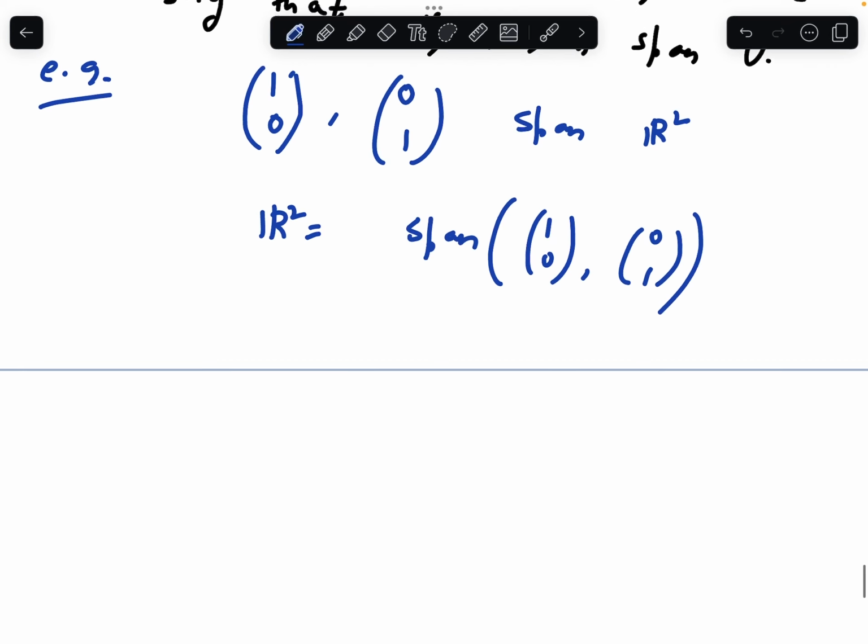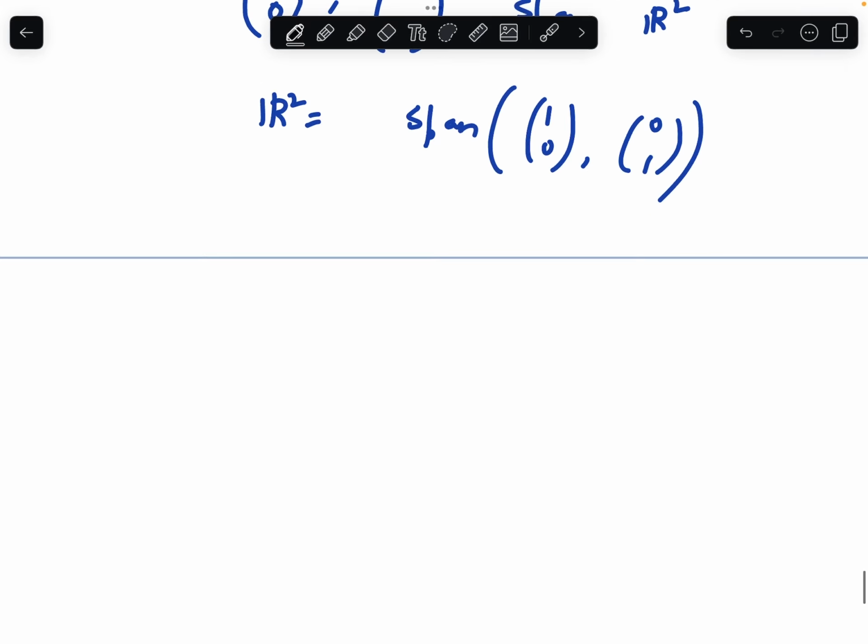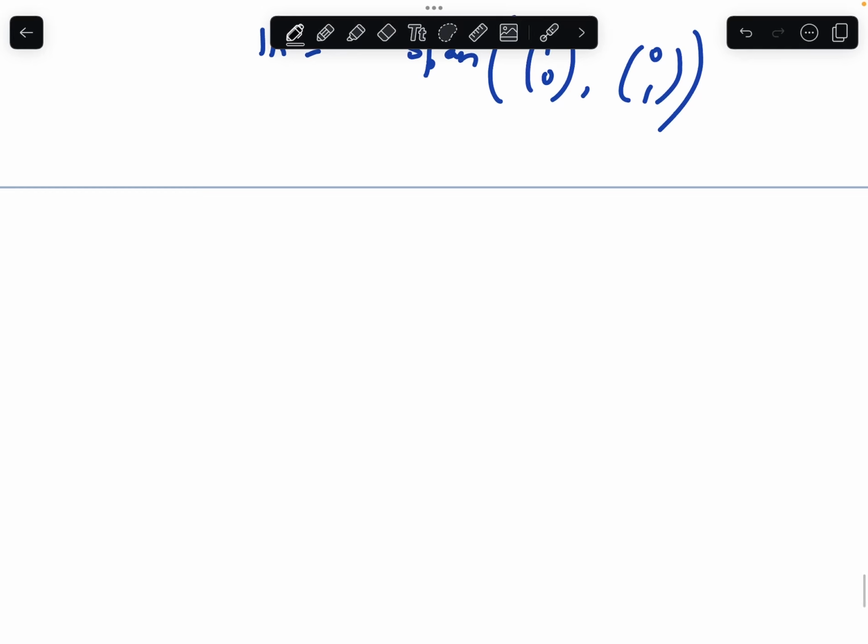So let's take some more examples. Look at this set P2. What is P2? Let me denote it like this.